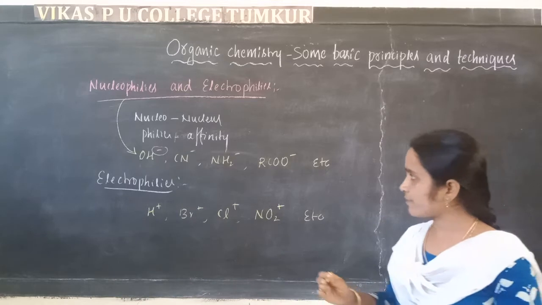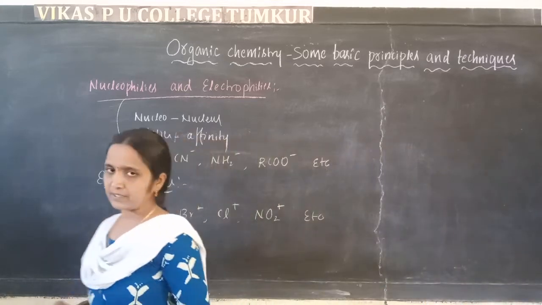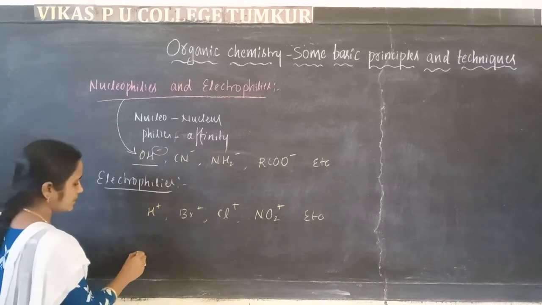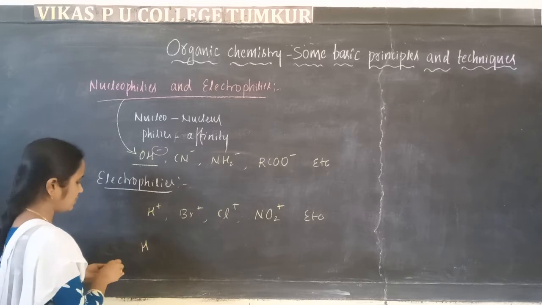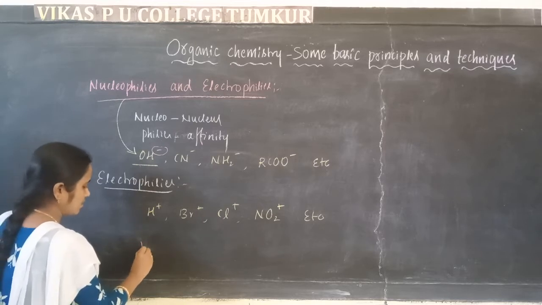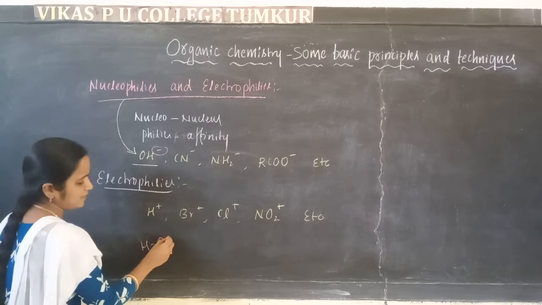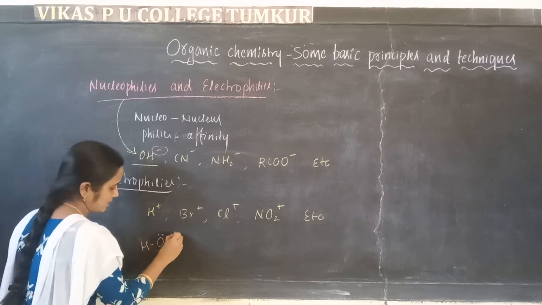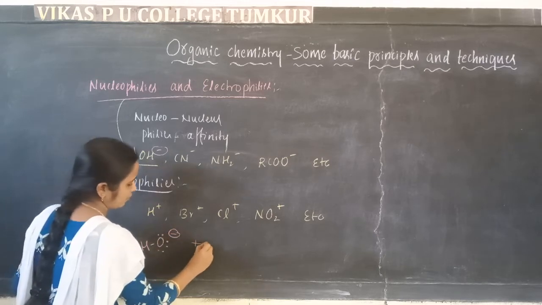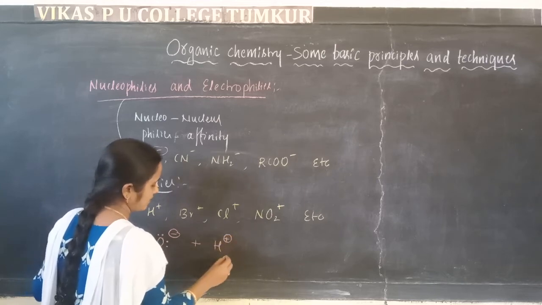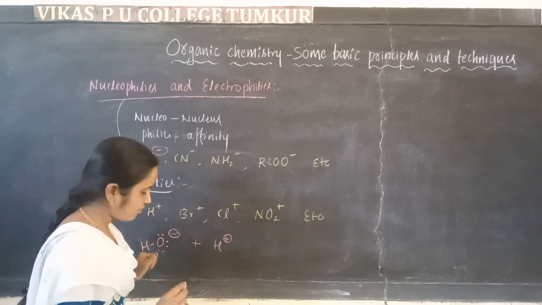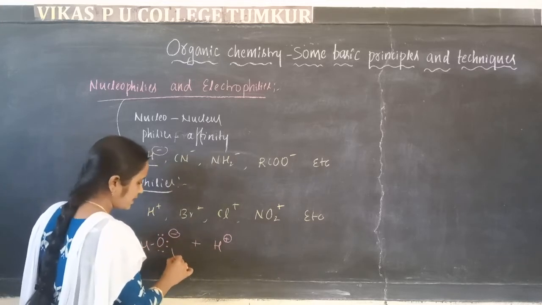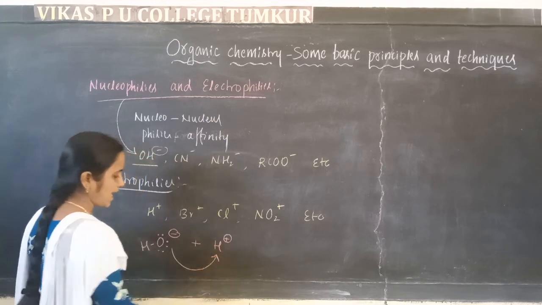Suppose there is a reaction between a nucleophile and an electrophile. Suppose the nucleophile is OH minus. In the reaction between these two, the movement of electrons is represented by a curved arrow.